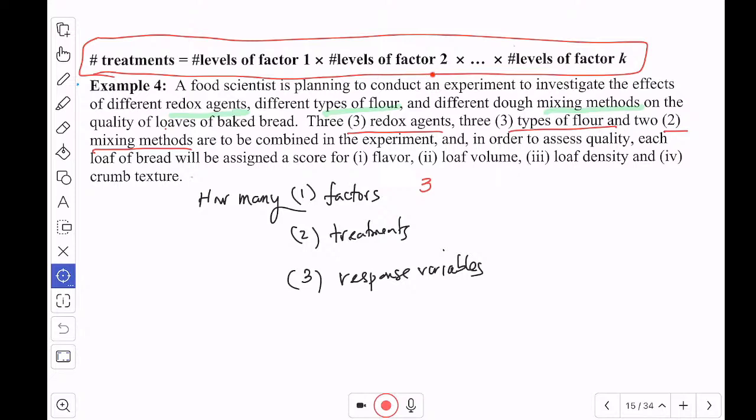If there are more than 2 factors, you keep going until the number of levels of factor k. So you work with a matrix and several dimensions to find out how many treatments you have. So we have 3 agents, 3 flours, and 2 mixing methods, which makes 18. And then response variables are these 4 mentioned here.